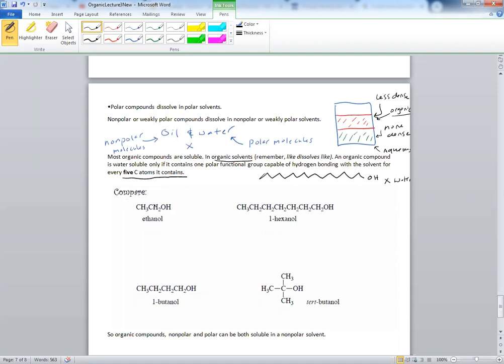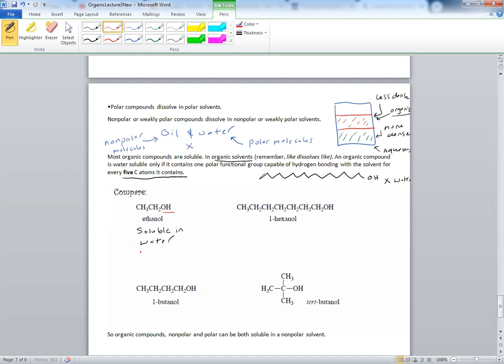Ethanol right here is soluble in water because it has right here the OH.